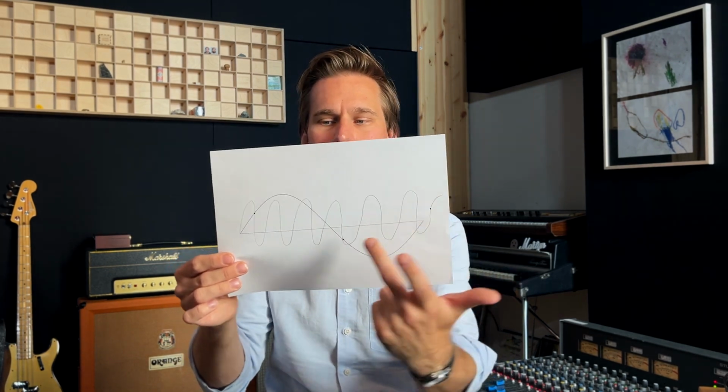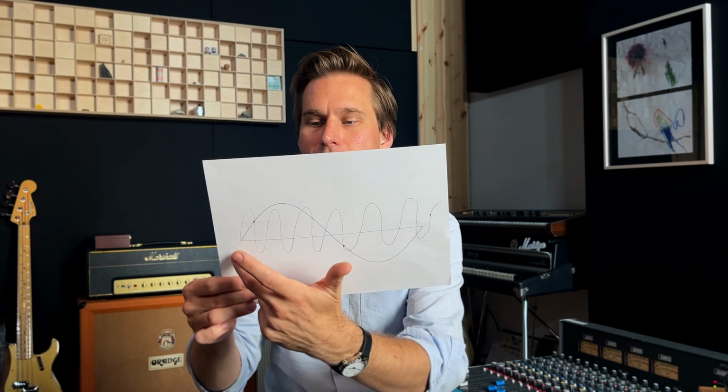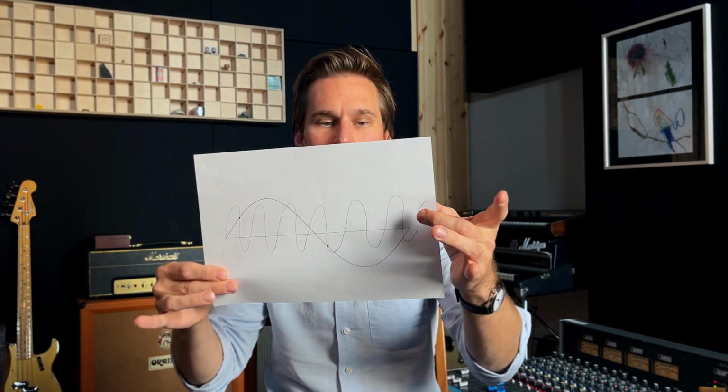Let's also quickly take a look at what would happen if you did have frequencies above Nyquist in the signal. Here is our sine wave with the minimal sampling from earlier. And now I've gone and extremely clumsily added another tone, a higher one, on top of that. As you can see, the higher tone also passes through all the same sampling points as the lower one and would therefore be mistaken by the computer for the lower one.